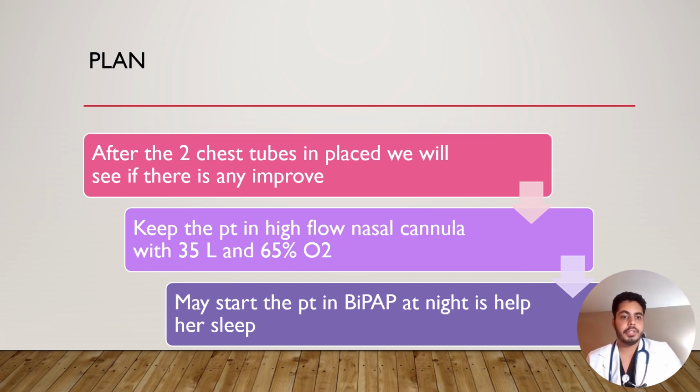Keep the patient on the high flow nasal cannula, which is at 350 milliliters and 65 high flow. May start the patient on BiPAP at night. It helps the patient sleep.